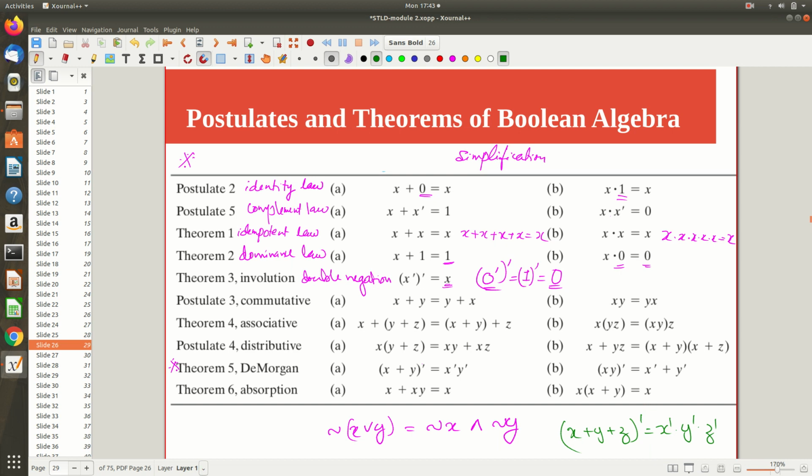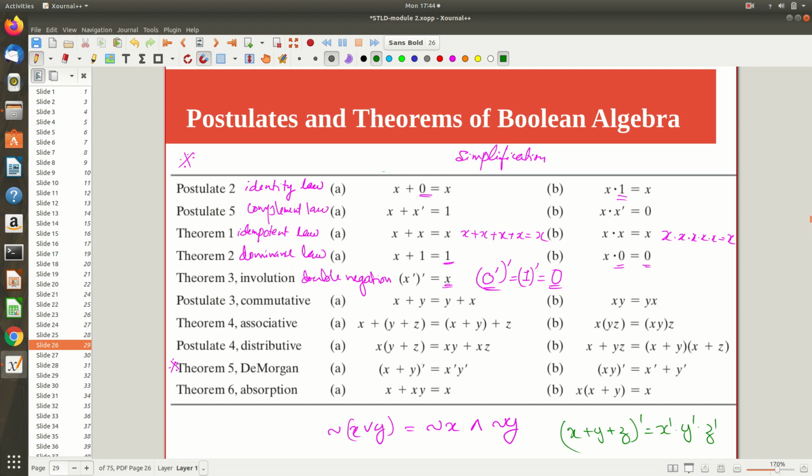This is something you can remember right now, and all of these you can simply prove using a truth table, but we will see a very nice way of proving it other than a truth table. The method we are going to study will be more interesting for you, but you have to give some attention. A truth table is a straightforward approach, you put 0 and 1 and prove it, that is very easy. But from an exam point of view, it is always better to avoid a truth table whenever possible.